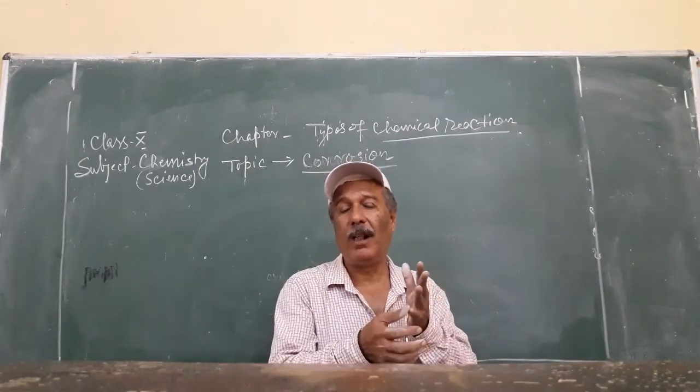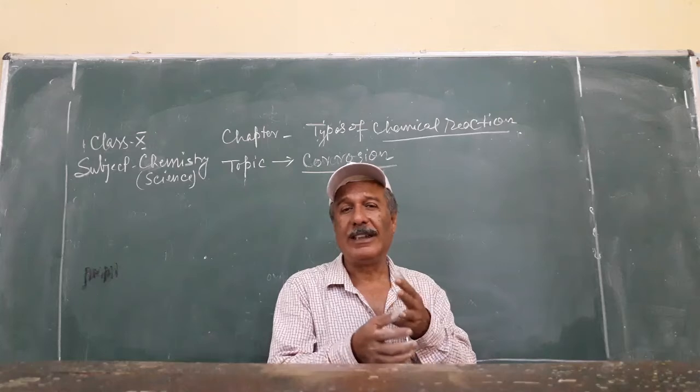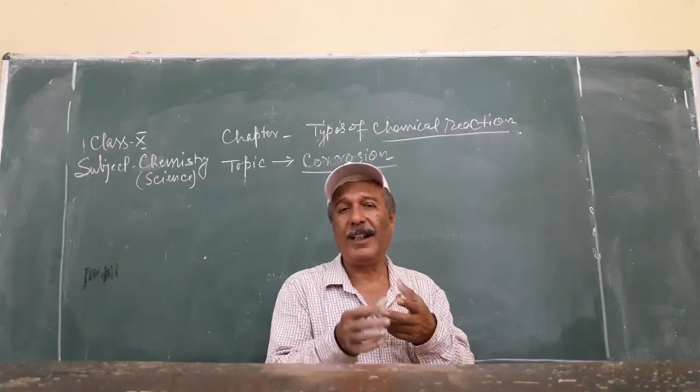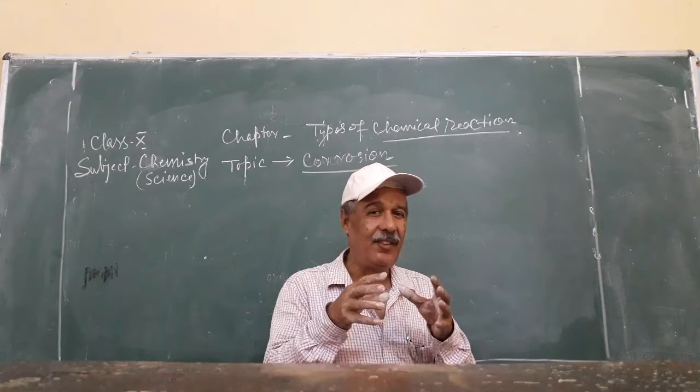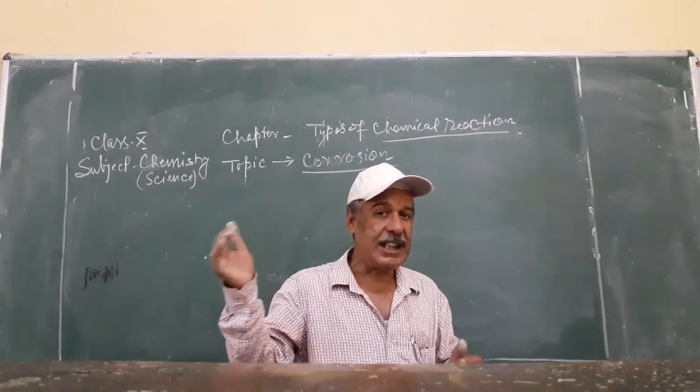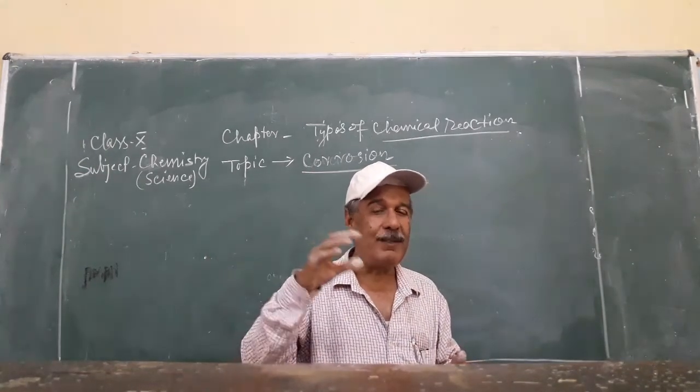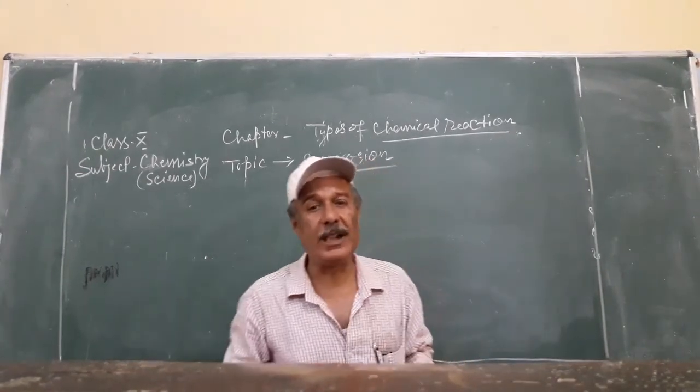As for example, aluminium, zinc, copper, iron, they are such materials which, when purchased from the market, have natural shining on their surface.